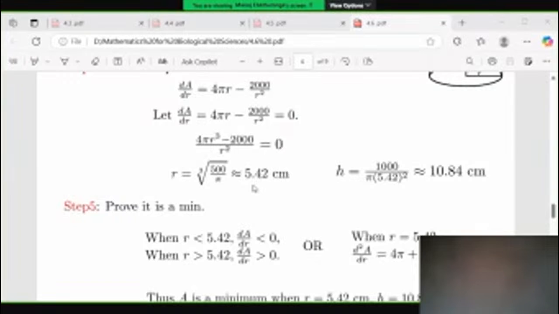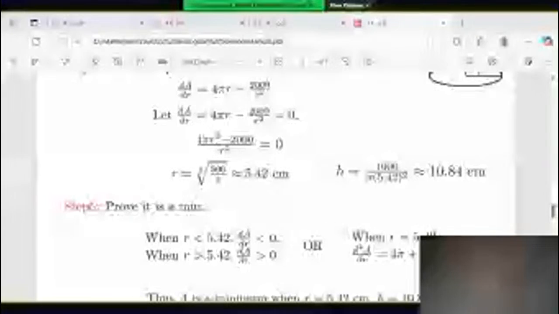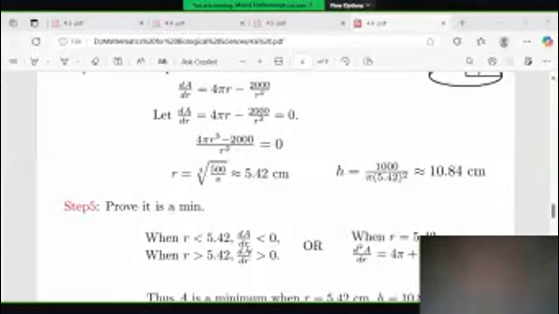So at first the derivative is negative, so the function is decreasing. And at this point, 5.42, the function hits a critical point, then it starts increasing. So decrease, a flat point, and increase. So this point must be a local minimum for the area function.